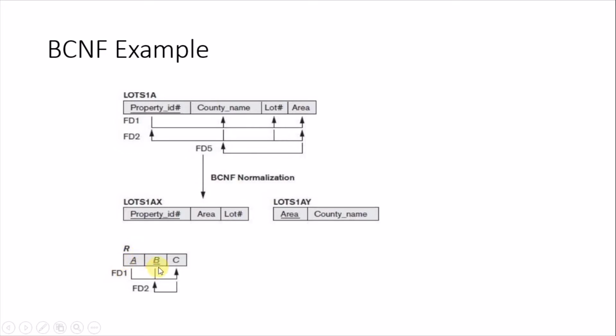And consider another example. We have a relation Teach with three attributes: student, course, and instructor, populated with some data. Suppose we define functional dependencies: student, course to instructor, and from instructor to course.